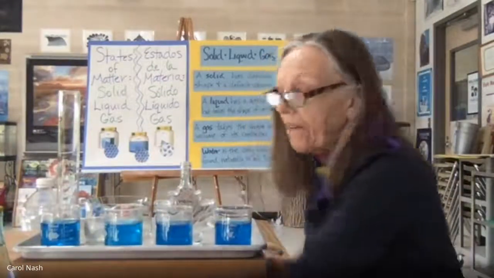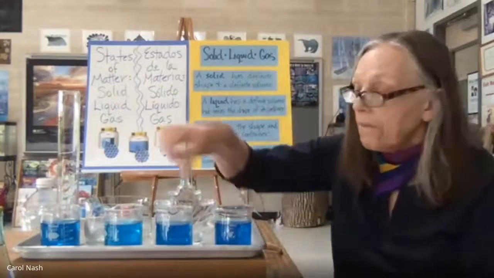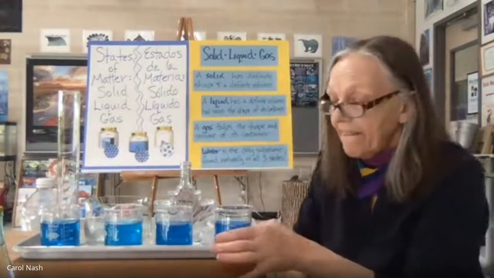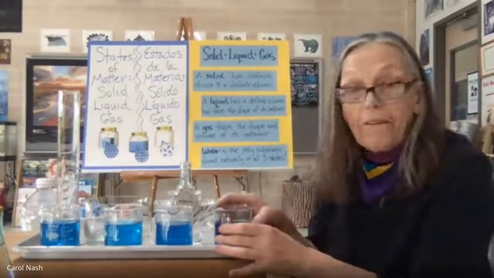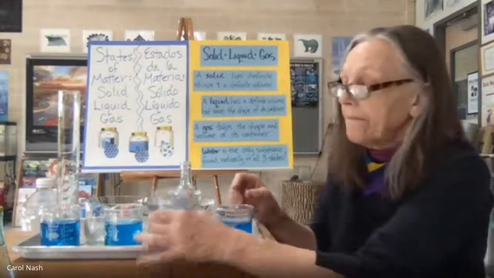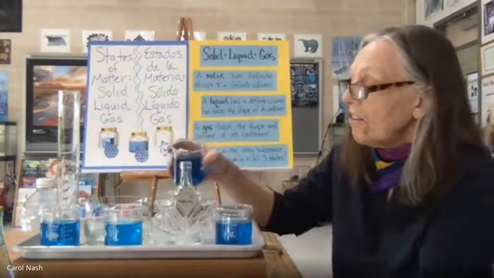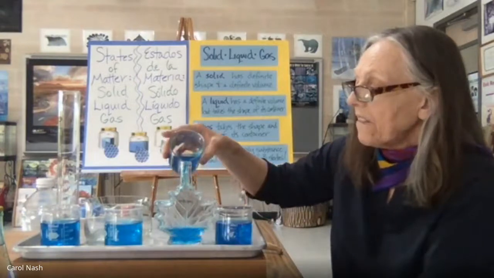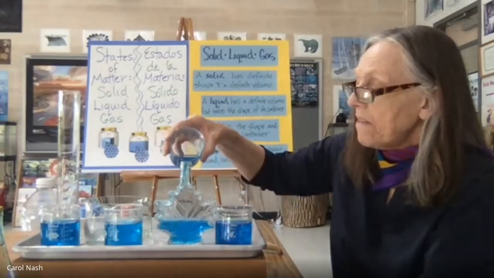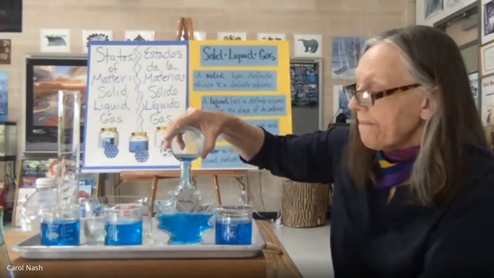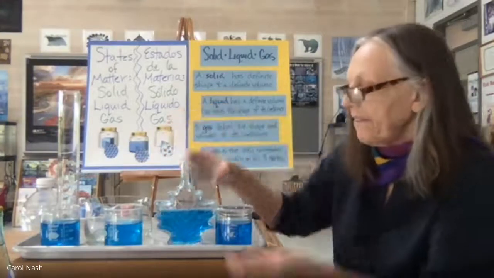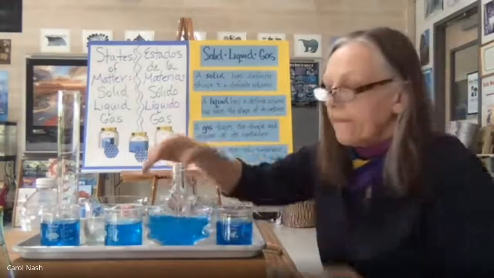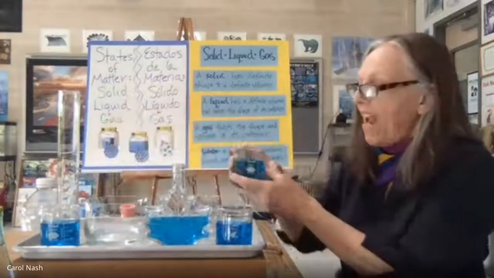So I have 4 beakers here, and each one has the same amount of water, colored, 200 milliliters. Let's pour it in here and see a really interesting shape with that same volume. Okay. It's a big flat container.